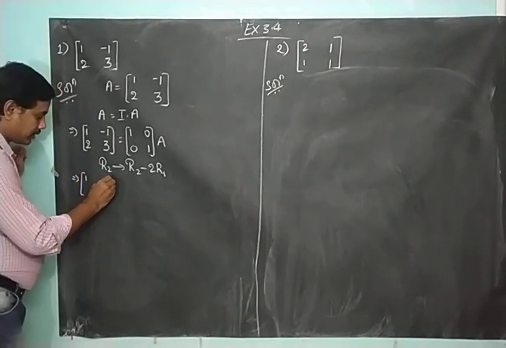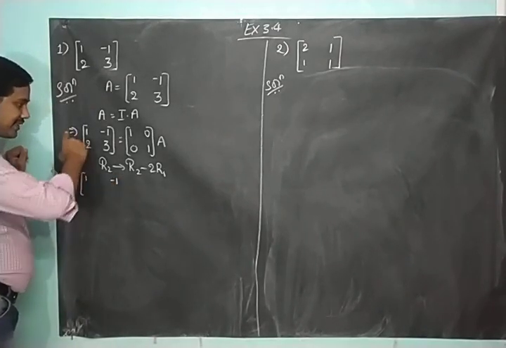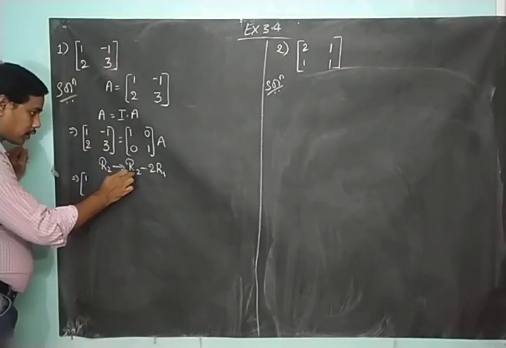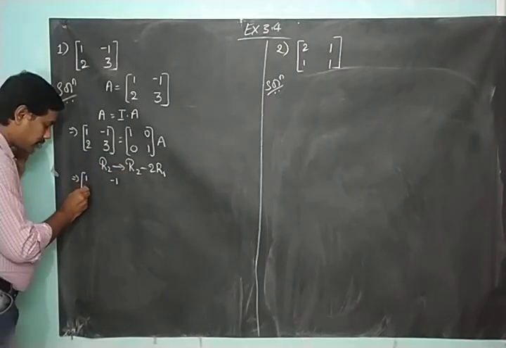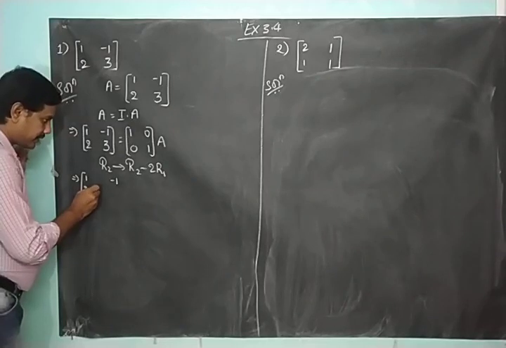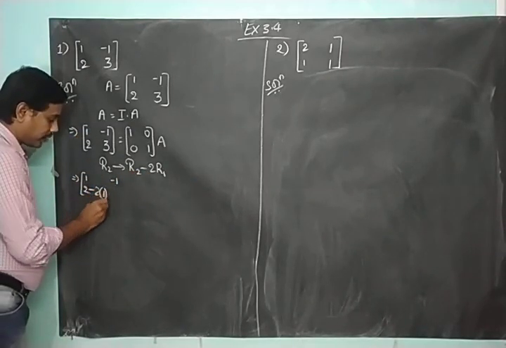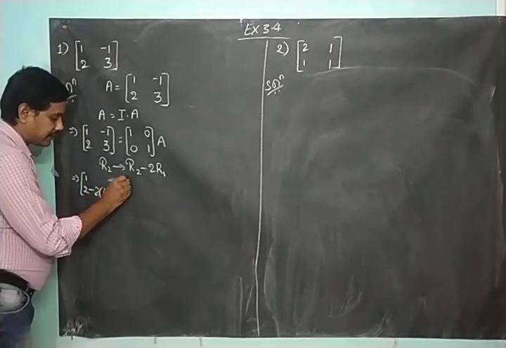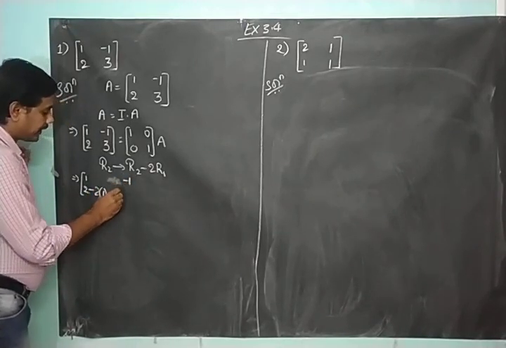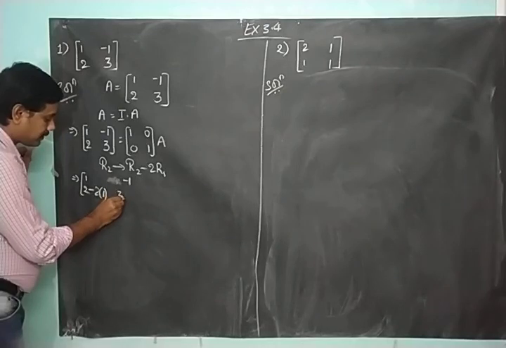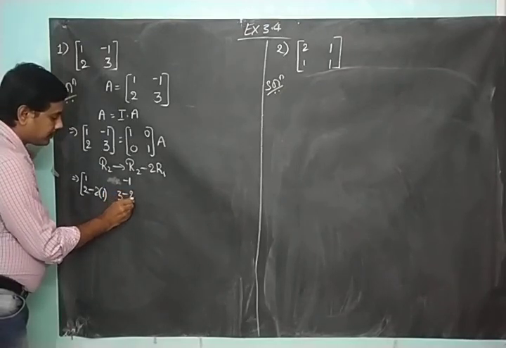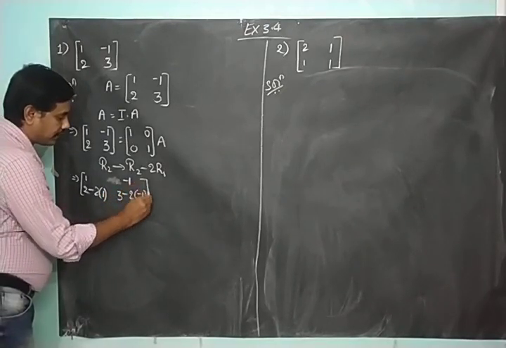The first row, 1, minus 1, will remain as it is. For the second row, according to this formula, row 2 is 2 minus 2 times row 1, that is 0, and 3 minus 2 times minus 1.